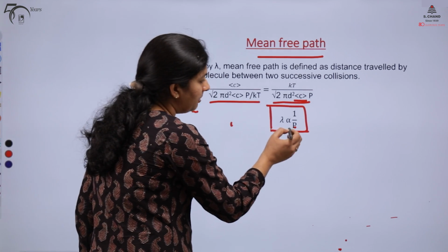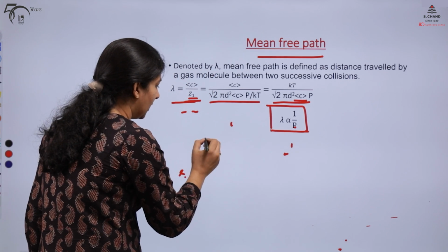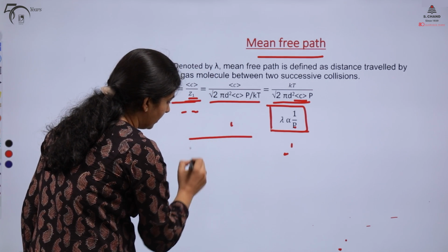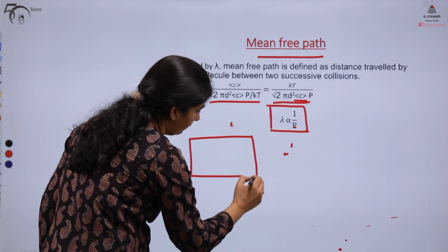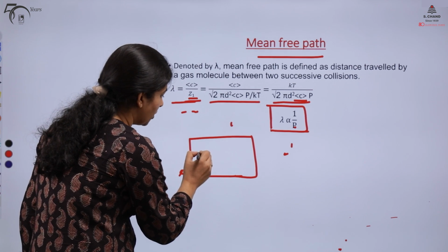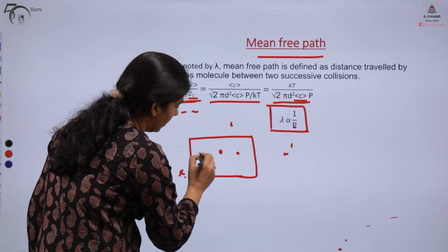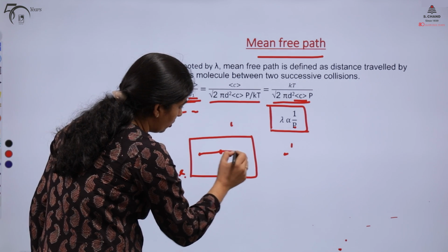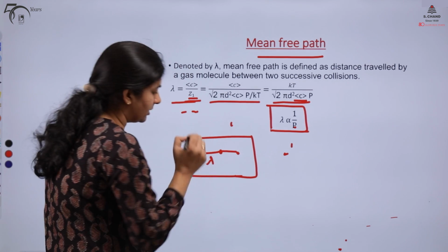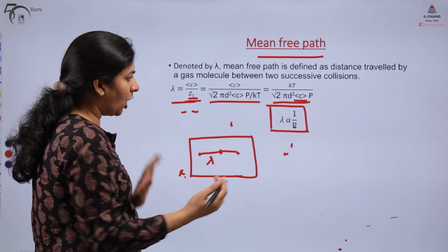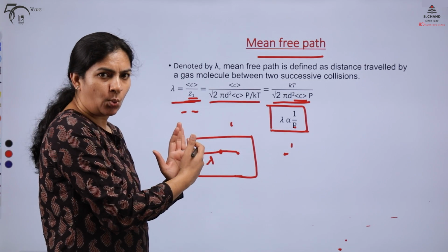Let us understand it with the help of a diagram. Suppose a gaseous molecule is here and next it is undergoing a collision. Between these two collisions, it travels a distance lambda. Now, if I increase the pressure, what would happen?